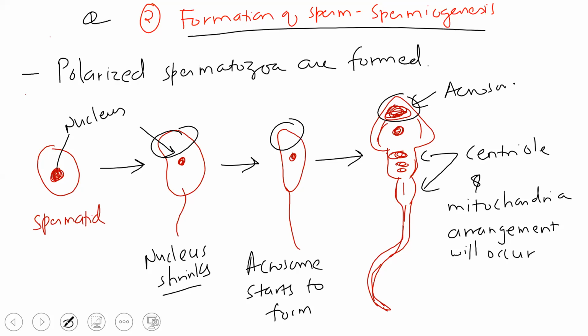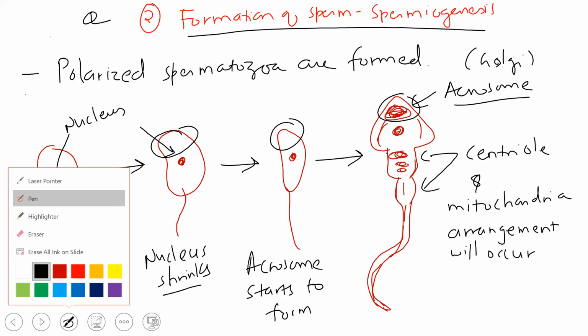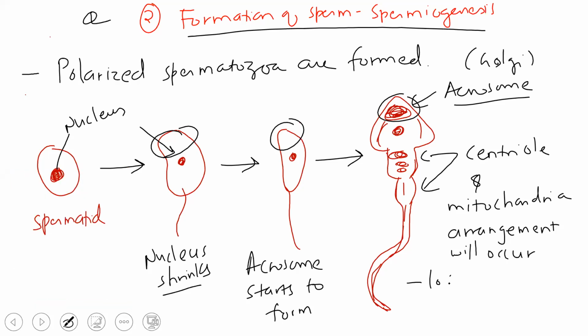As you can see, it is formed from the Golgi body. Then there is loss of cytoplasm. So all these changes will occur in the process of sperm formation, or spermiogenesis.